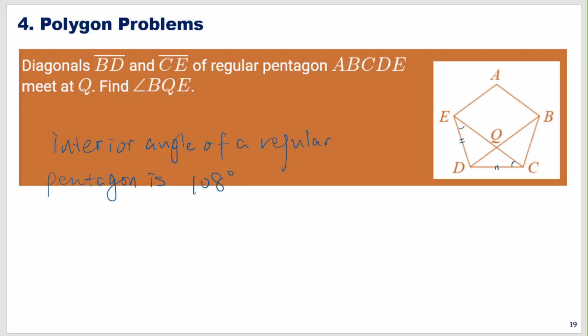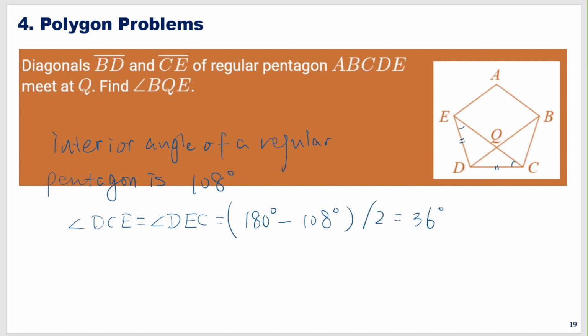And then you could immediately find angle EDC and angle DCE, right? So angle DCE equals angle DEC, which is (180 degrees minus 108 degrees) over 2, which is 36 degrees, right? And similarly, we have angle CDB is also 36 degrees, right?